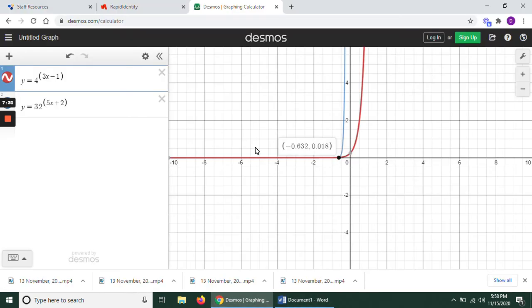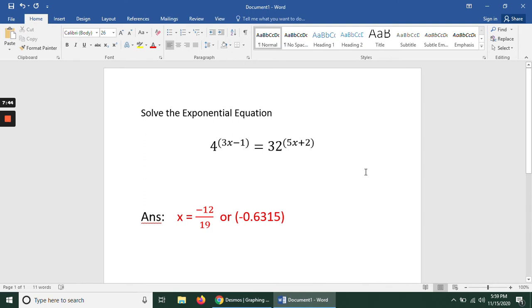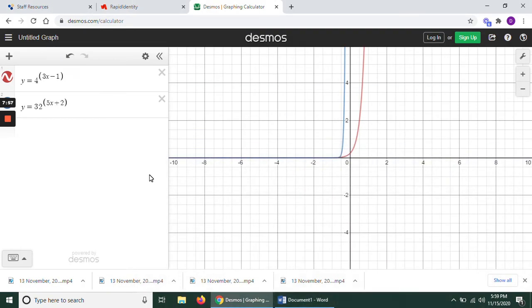Very easy. Now I want to point something out to you here. What we are doing here is splitting. We split the equation into two equations. y is equal to one side, y is equal to the other side, and we enter each in separate rows.